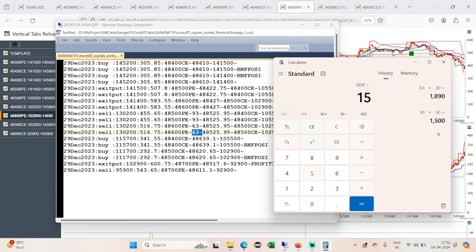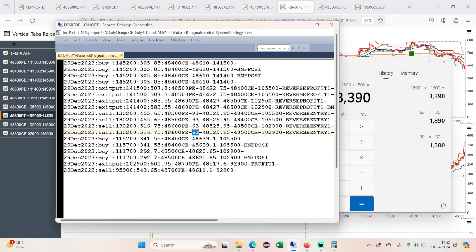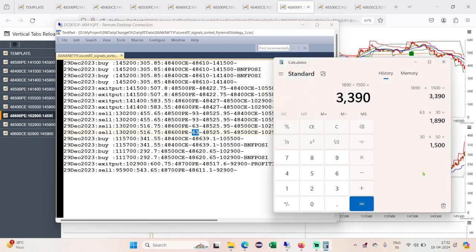So we add another 1,500 rupees, and to determine the next lot size that is to be traded at 13:02, which has to cover the loss of 63 points and give a profit of 50 points, we divide by 750. The 750 here is nothing but 1500 divided by 2, because we are targeting a profit of 50 points.